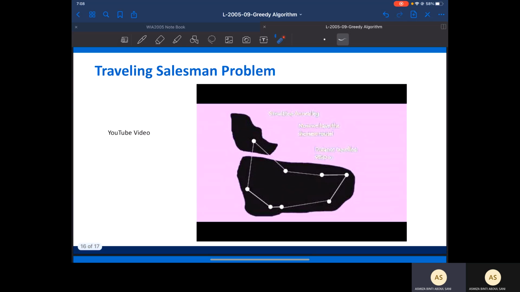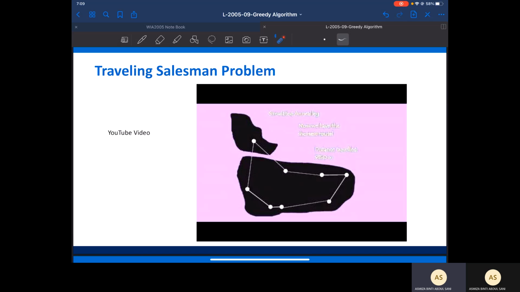Okay, so another example that might interest you is the traveling salesman problem. If you have a read about this problem, normally this is used as an optimization benchmark.